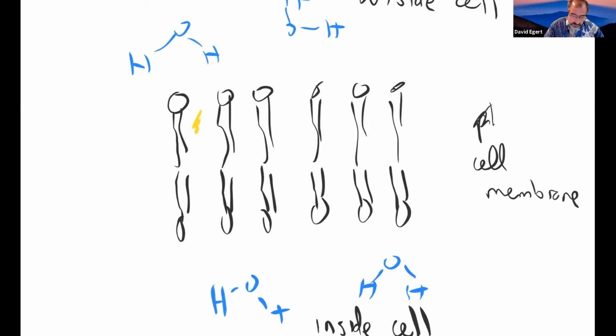Talked about there is cholesterol that can be jammed inside between the tails. We'll talk about what it means to have more or less cholesterol jammed in there. So this is my cell.